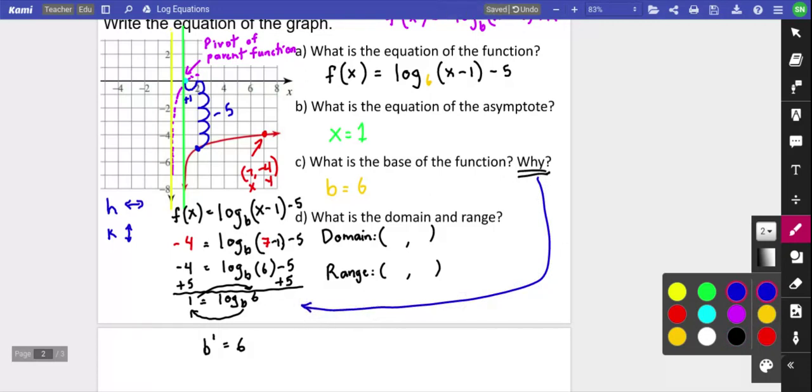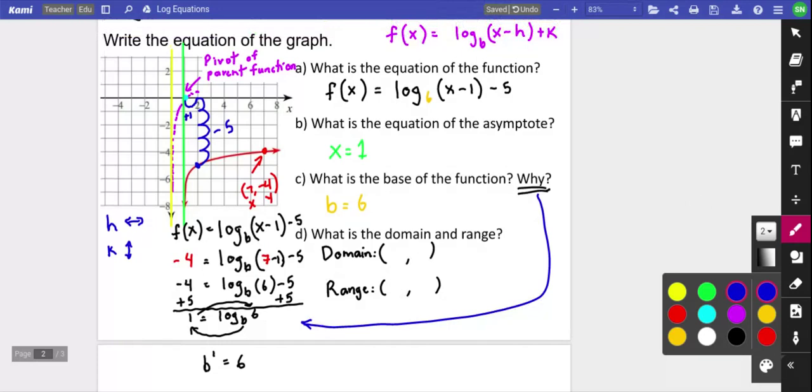Now the domain and range. The domain asks how far to the left and to the right can we move. Remember that I mentioned that we only go as far left as the asymptote. Therefore, we start from 1. We have a parenthesis because it does not include 1, and we can always go to positive infinity on the right.